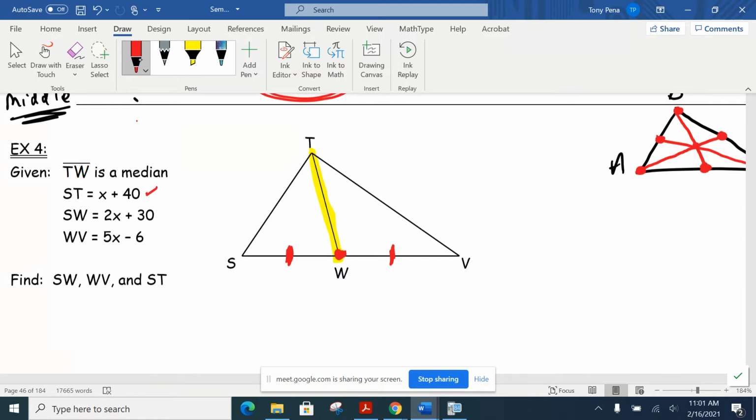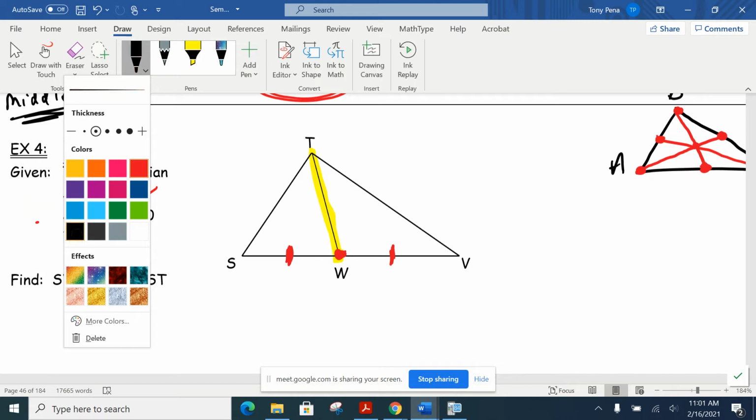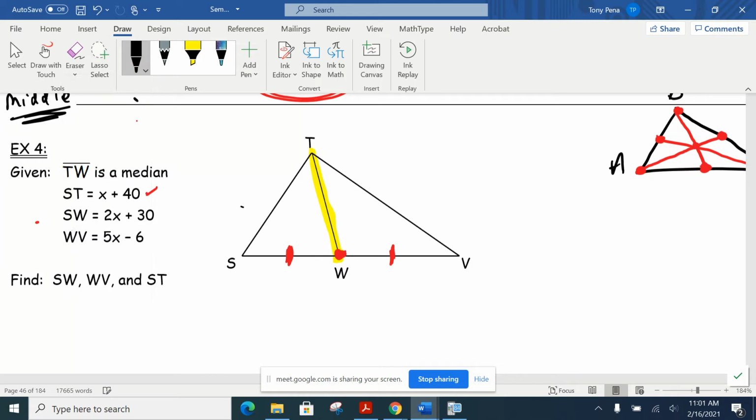Then I tell you that the length of ST is x plus 4. So ST is here, so we'll call this x plus 4. The length of SW, right here, is 2x plus 30. And then WV, from here to here, is 5x minus 6.